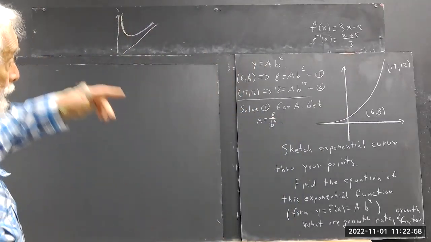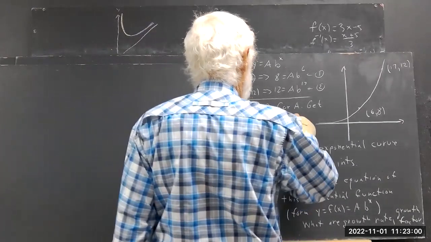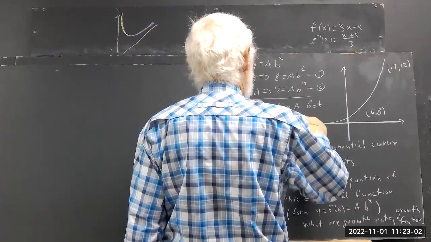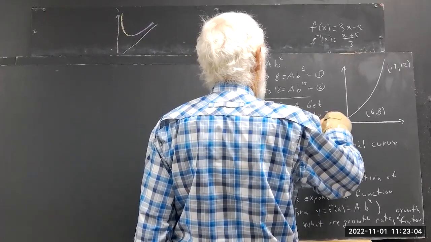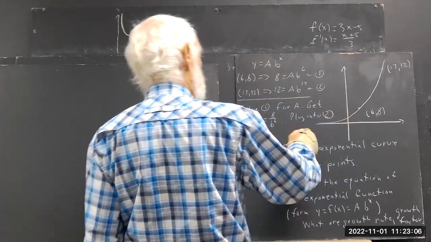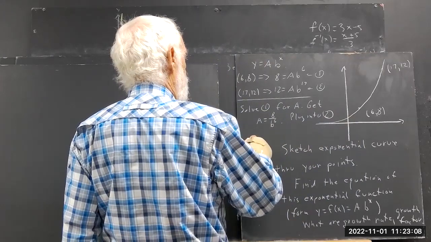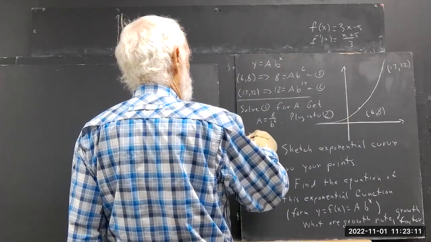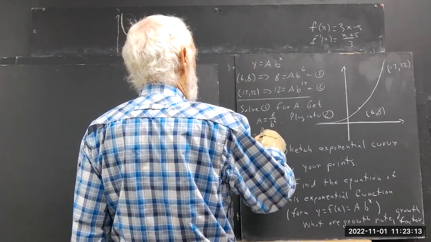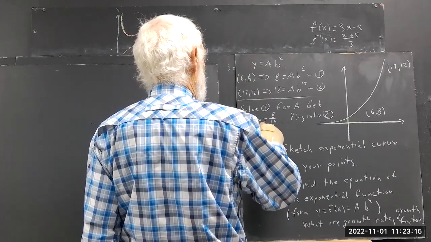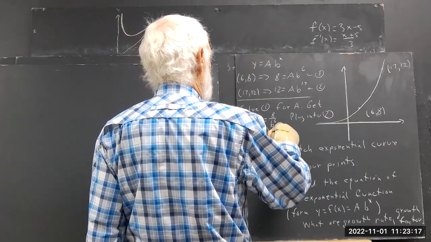Then you plug this into the second equation, and you get 12 equals a over b to the 6th times b to the 17th.